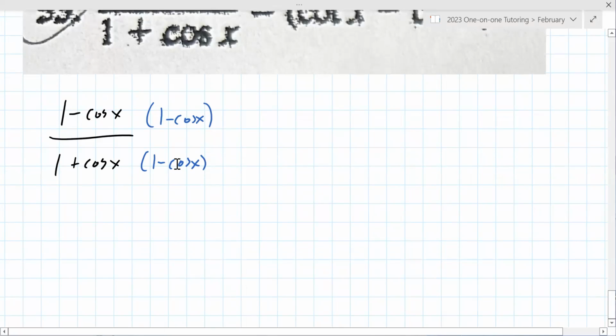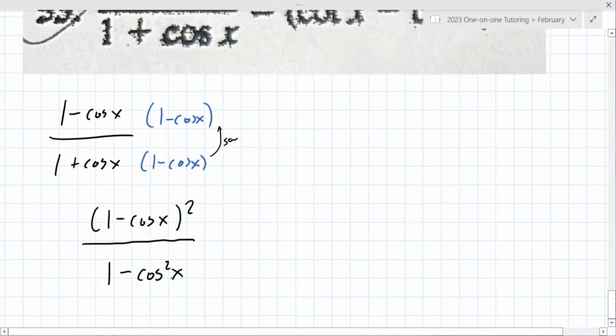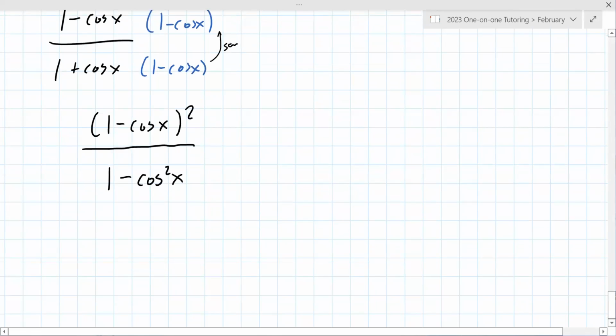You multiply the bottom by the conjugate and the top by the same thing. So the top becomes 1 minus cosine x squared, and on the bottom it becomes 1 minus cosine squared x, which is sine squared x. Okay, let's just leave that for now.